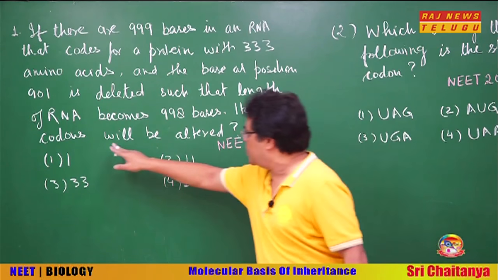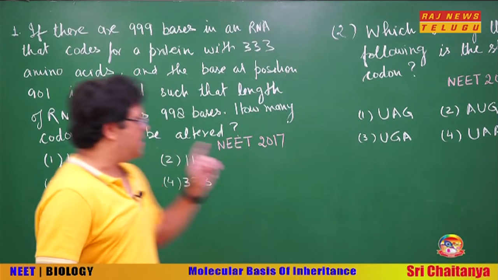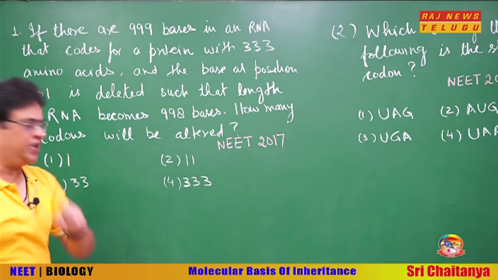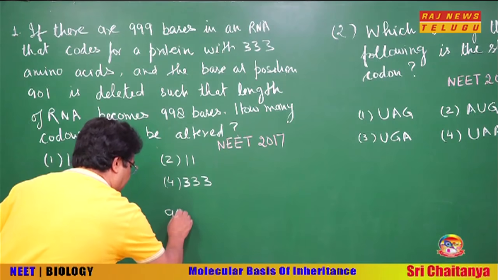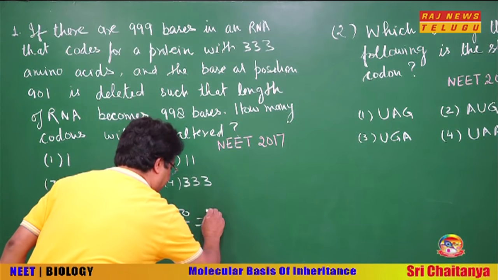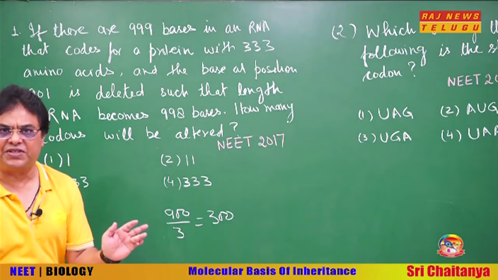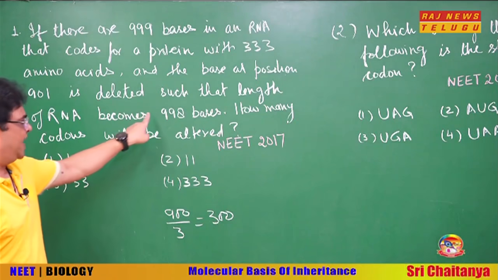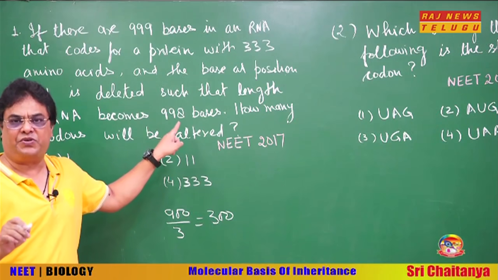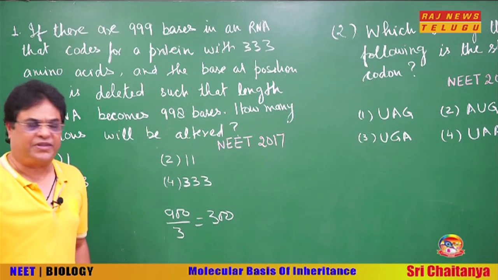How many codons will be altered? You see, up till 900 there is no change, and the 901 codon has 3. It means up till 300 codons there was no change, and we have said that deletion of 1 or 2 nucleotides brings about complete change, that is frame shift mutation.